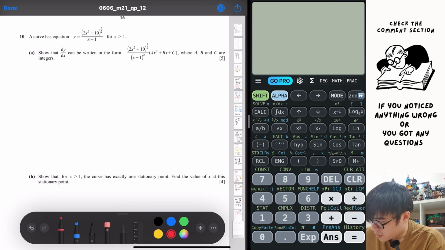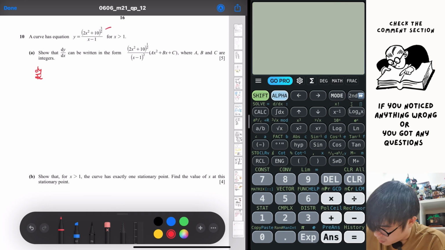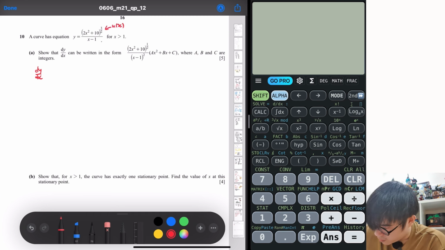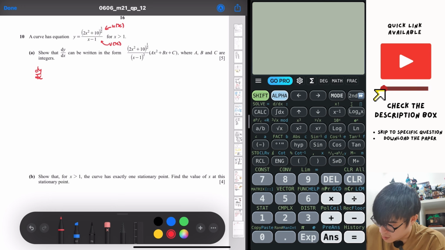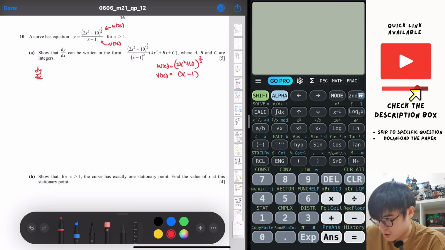So our dy dx, to get it done, you need to know that your top part will be the ux, your bottom will be the vx. Your u prime, however, it will be 3/2, 2x squared plus 10.